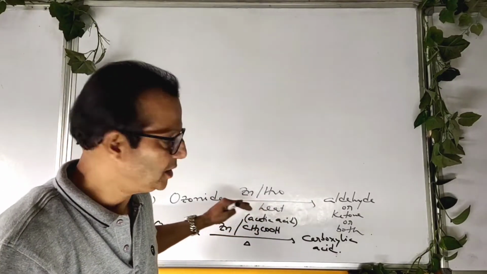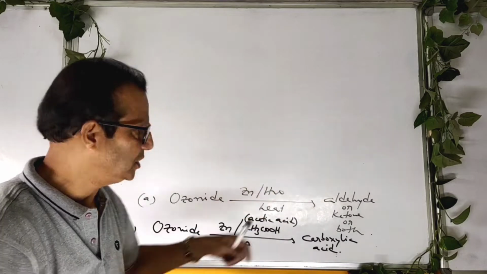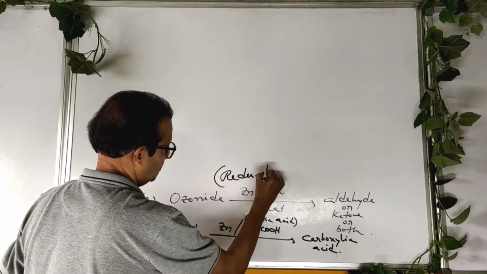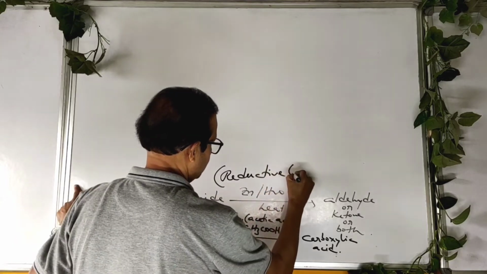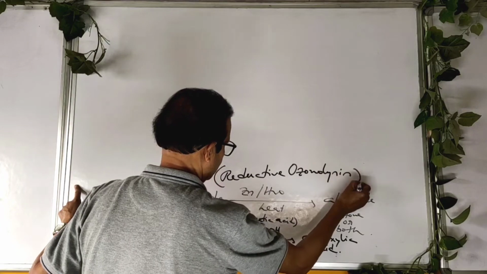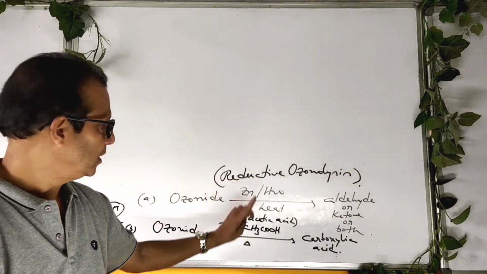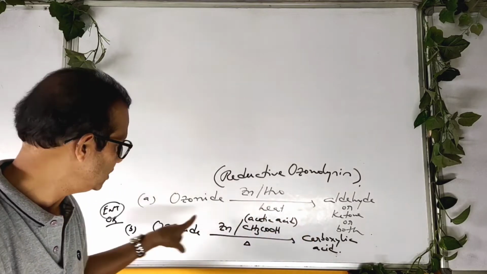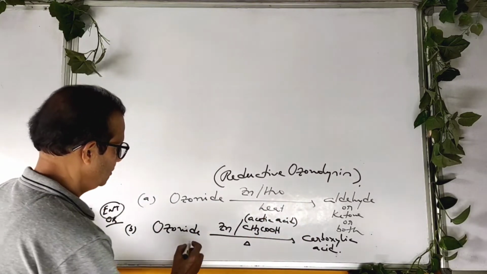This type of ozonolysis is called reductive ozonolysis. This type of ozonolysis is called oxidative ozonolysis. This is very important for entrance.